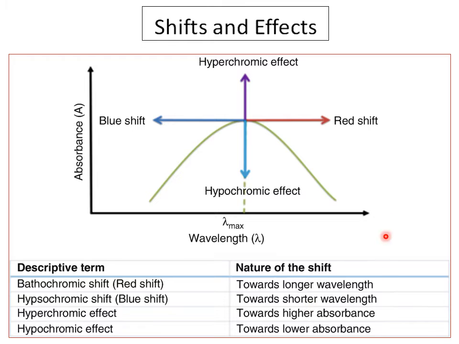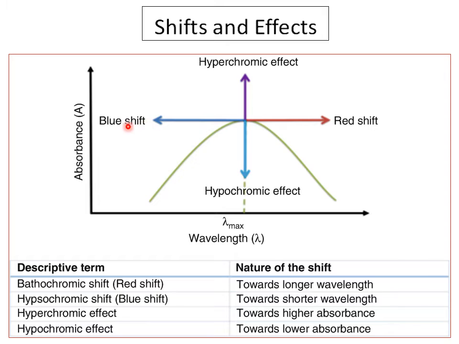Before entering into the discussion, you have to know the flow chart, absorbance versus wavelength. Here the red shift indicates the bathochromic shift. Whenever a compound moves towards a longer wavelength, we call that a red shift or bathochromic shift.